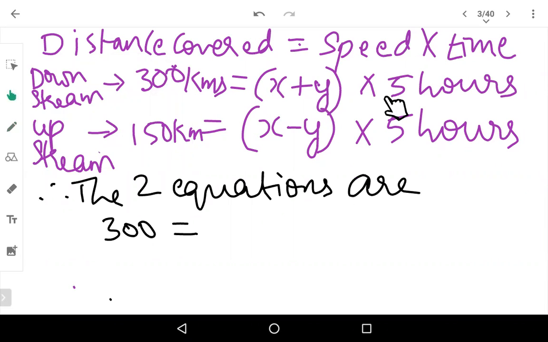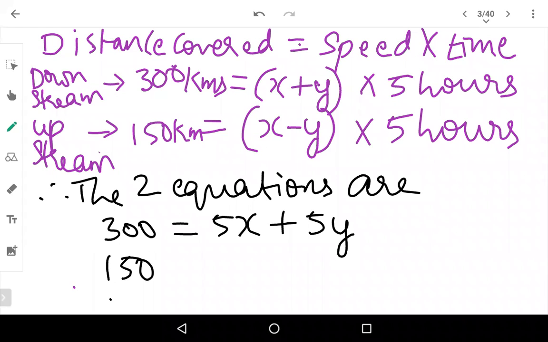So 5 into x gives 5x, plus 5 into y gives 5y. This will be our equation number 1. And then the second equation: 150 is equal to 5 into x, which is 5x, minus 5 into y, which is 5y.